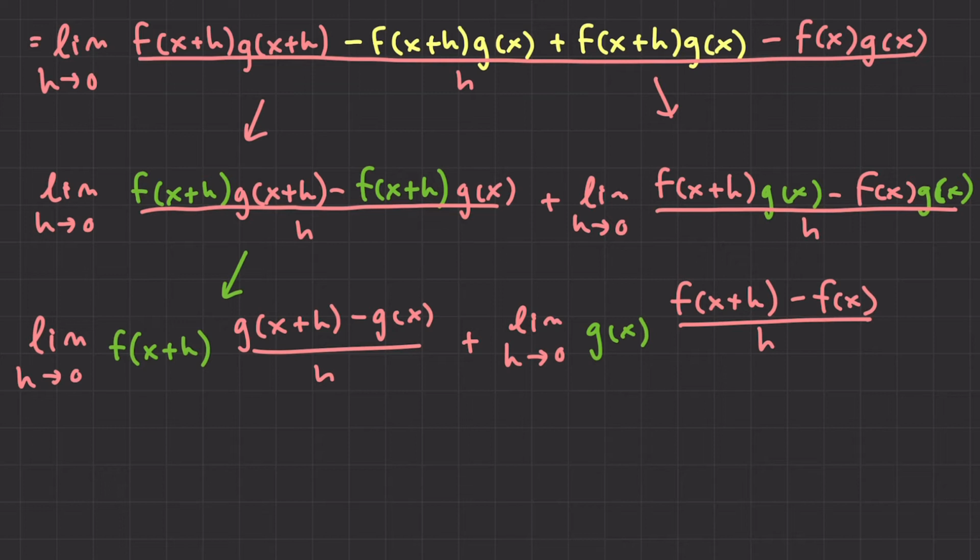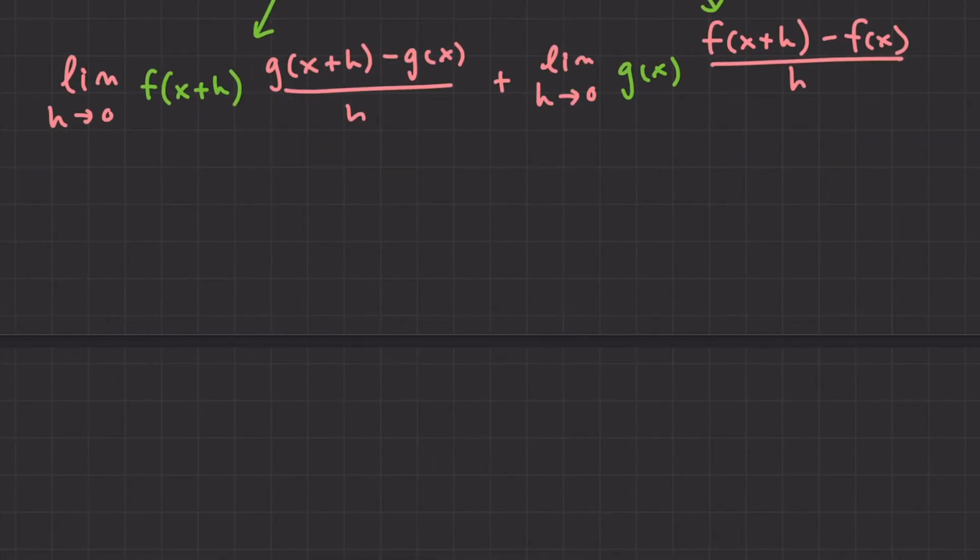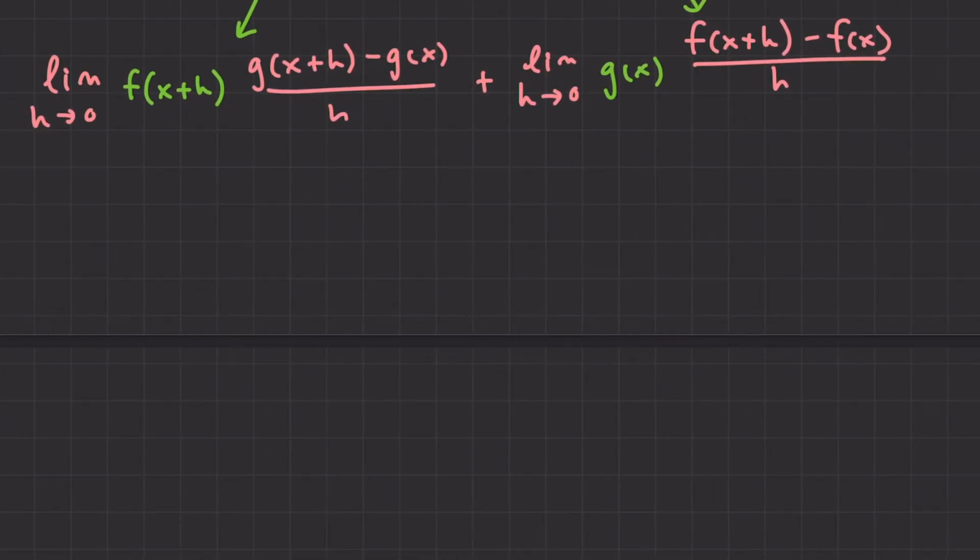Okay. So we are going to apply some more of our limit laws. The nice thing about a limit is that if our functions are continuous, then we can be liberal with how we treat our limits.